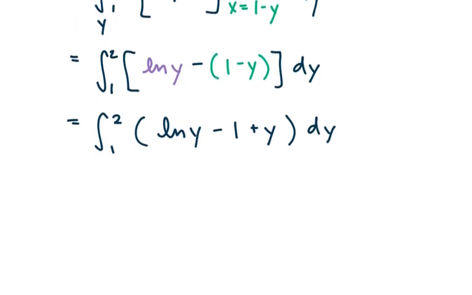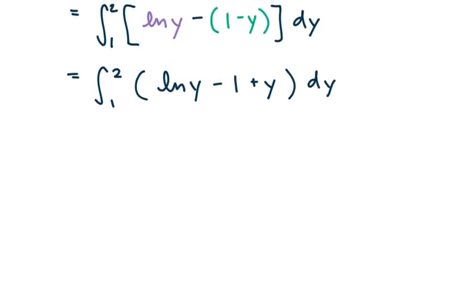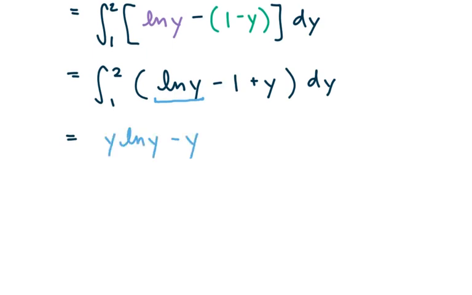We can integrate each of these terms pretty easily. Now, the integral of natural log y, we should know that from Calc 1. That is y natural log of y minus y. All right, so the integral of natural log of y, that's a formula that we use here.